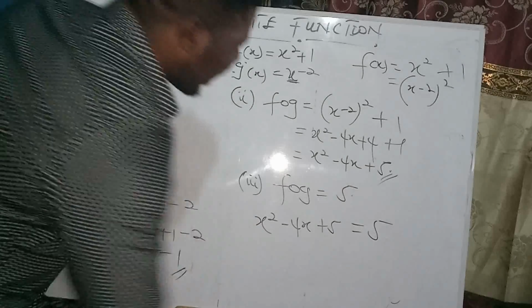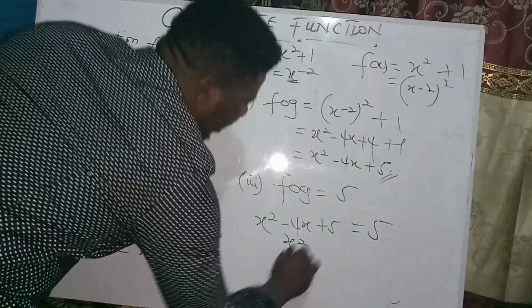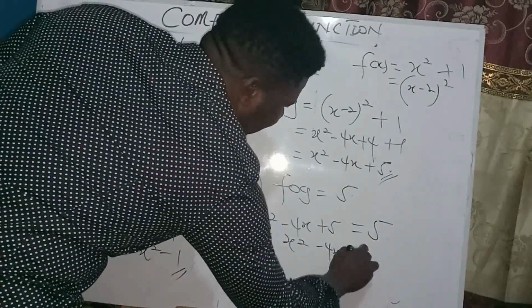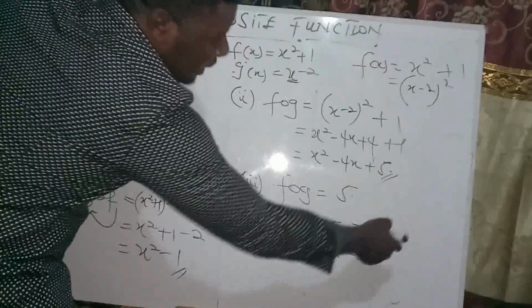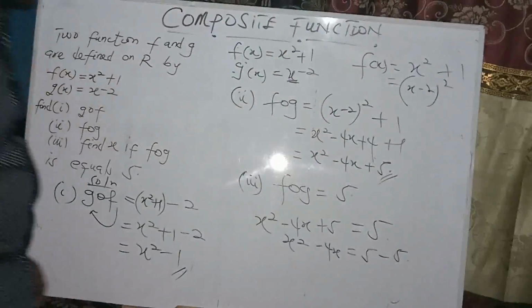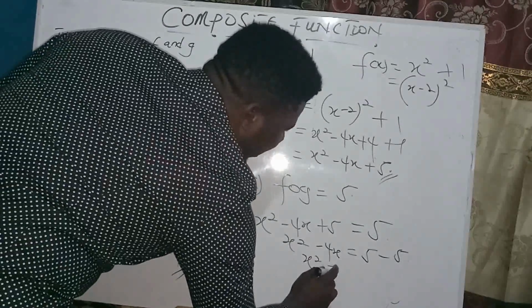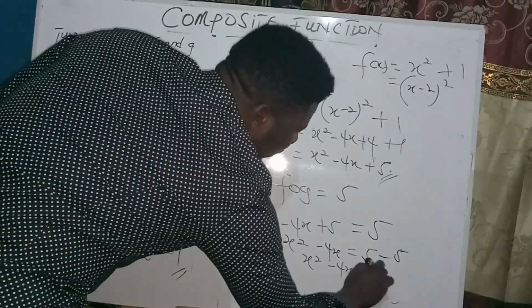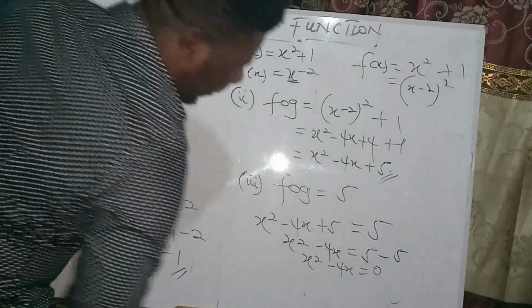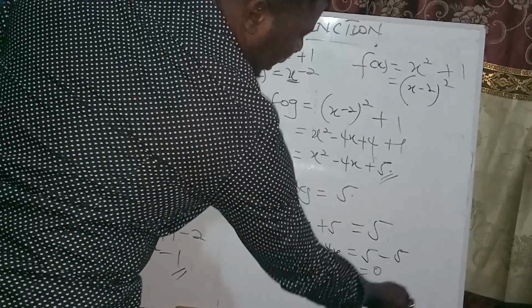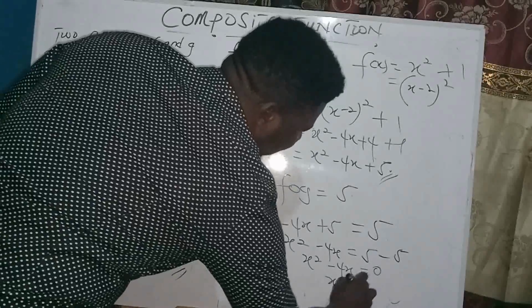So at this side, we have x squared minus 4x plus 5 equals 5. When we send the 5 over, it's going to be minus 5. So we now have x squared minus 4x equals 0. Let's move this one to the right side, so I have x squared equals 4x.